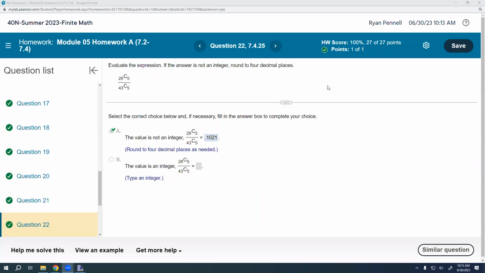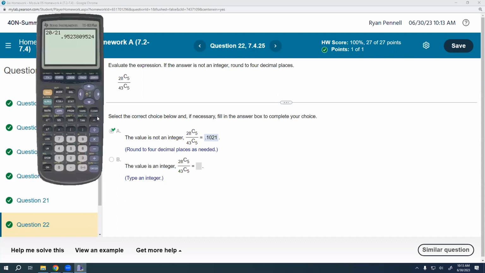Number 22 says 28 choose 5 divided by 43 choose 5. Well, that we're trying to evaluate. I say if we can, let's just see what the calculator says. Just go straight to the calculator. All right.